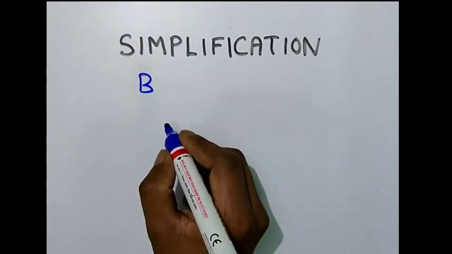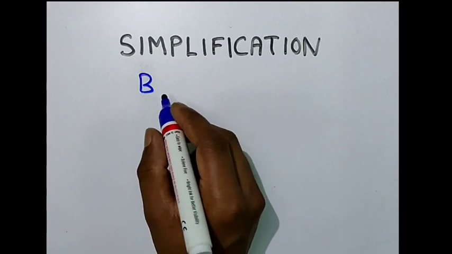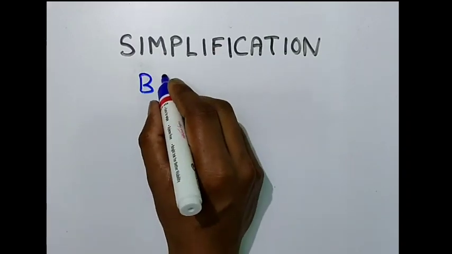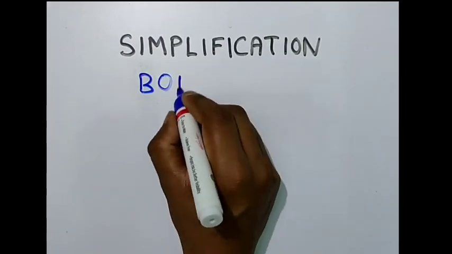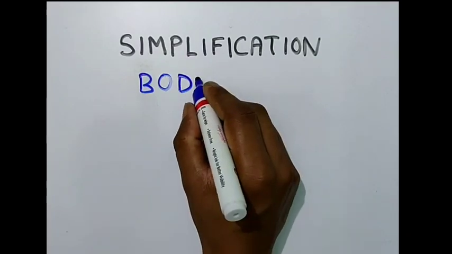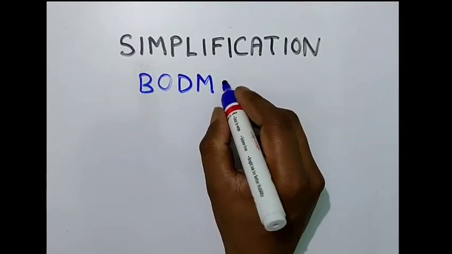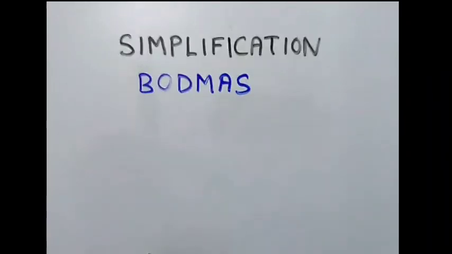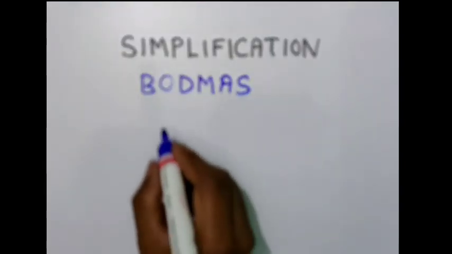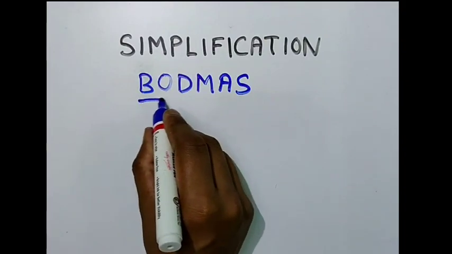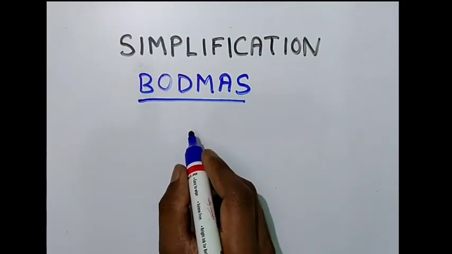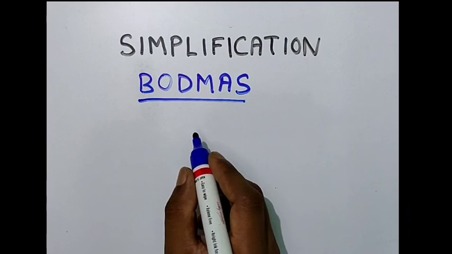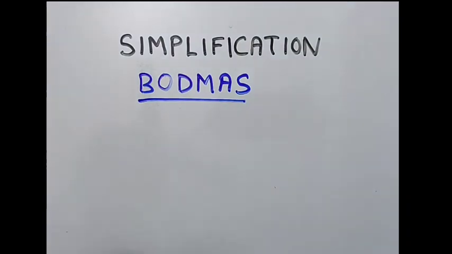BODMAS, in which B stands for brackets, O stands for of, D stands for division, M stands for multiplication, A stands for addition, and S stands for subtraction. I hope you are well aware of this BODMAS rule. Let's take an example to simplify the integers.